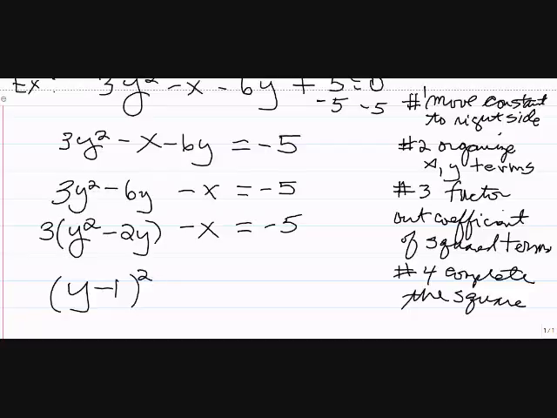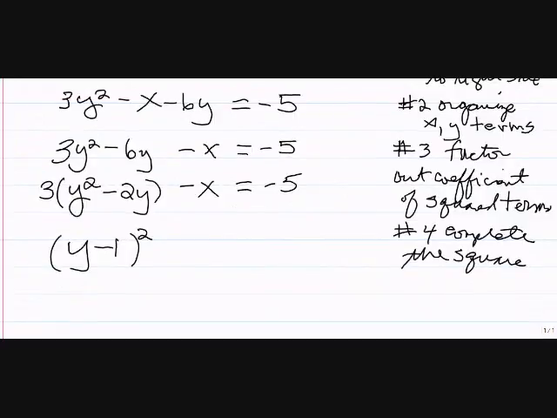I took the y squared and turned it into a y. I took the negative 2y and divided the negative 2 by 2 and got negative 1. I always divide by 2.